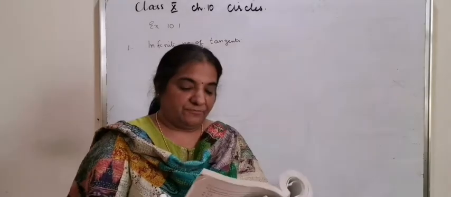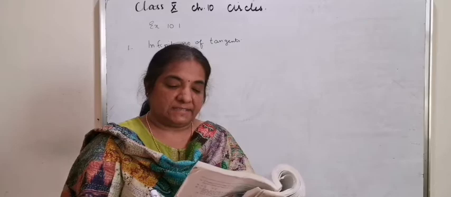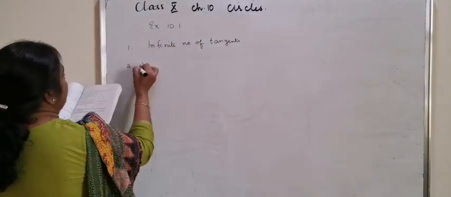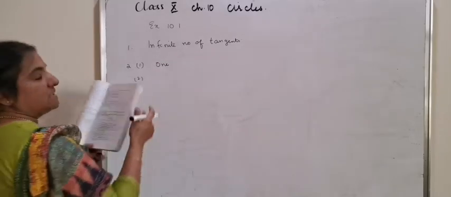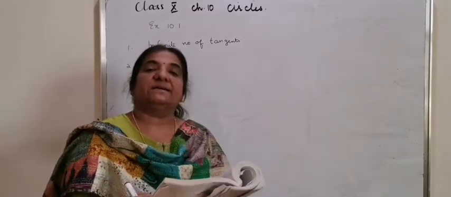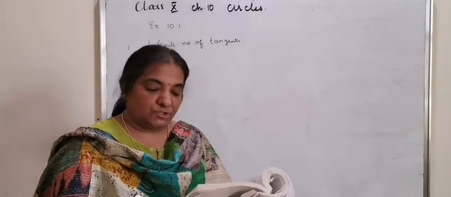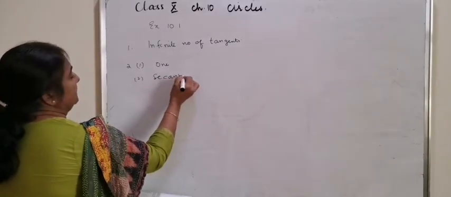Second question, fill in the blanks. A tangent to a circle intersects it at exactly one point. It can touch the circle exactly at one point. A line intersecting a circle in two points is called a secant.